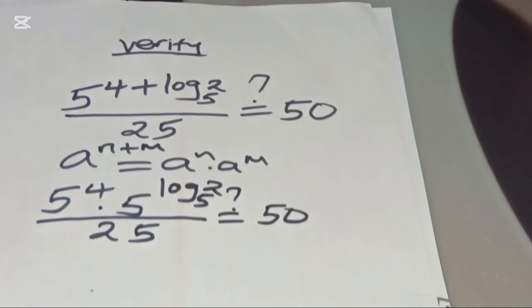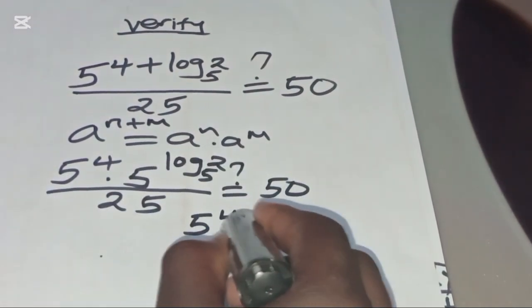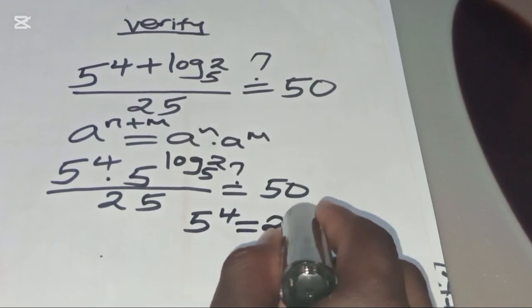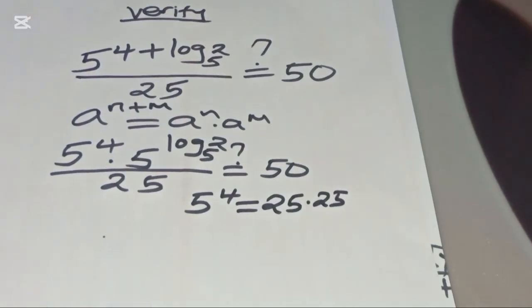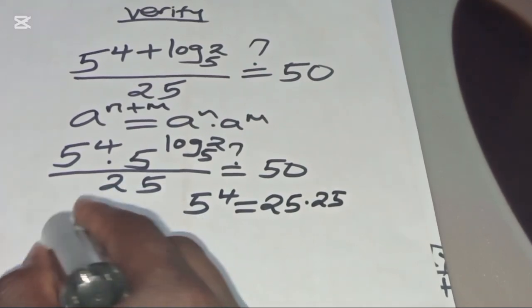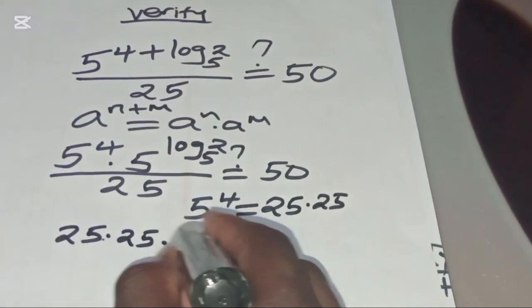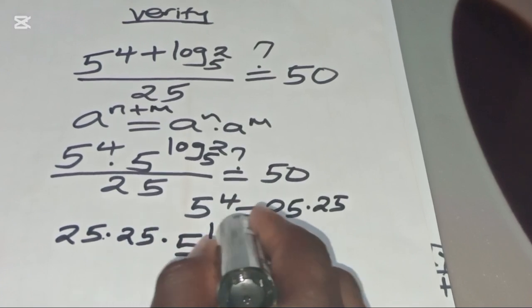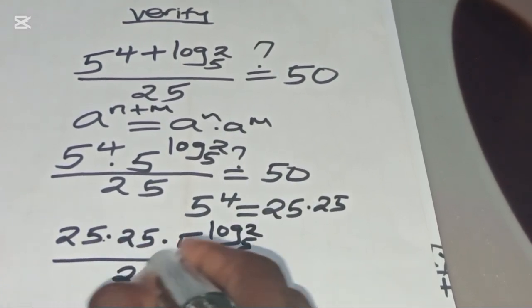Okay, now 5 to power 4 is the same thing as 25 multiplied by 25. So this is 25 multiplied by 25 multiplied by 5 to power log 2 to base 5, divided by 25.